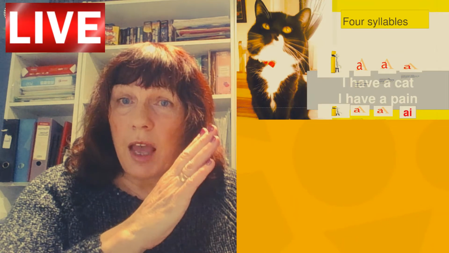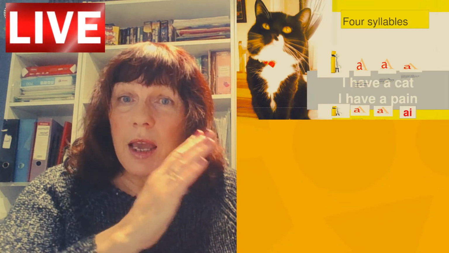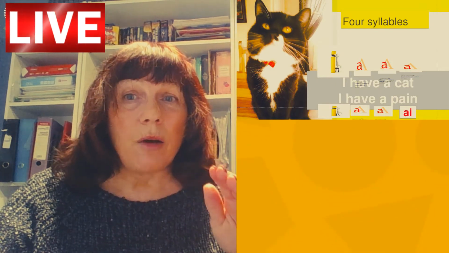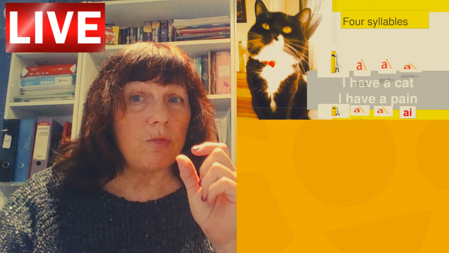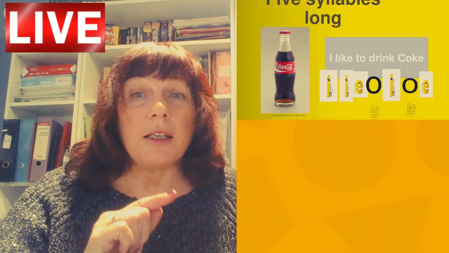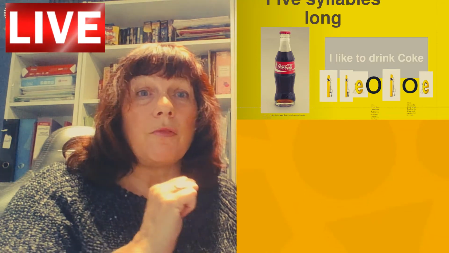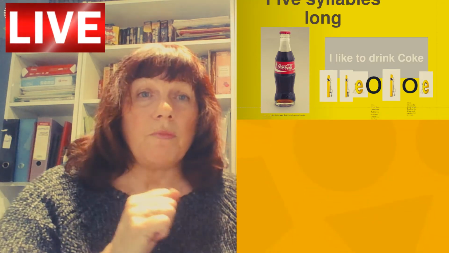So watch out for that when you're looking at syllables. It's not about how many vowels are there, it's about how many sounds and letters working together can create 1 vowel sound. So let's have a look at 5 syllables.